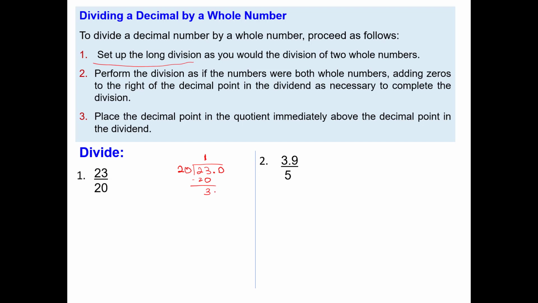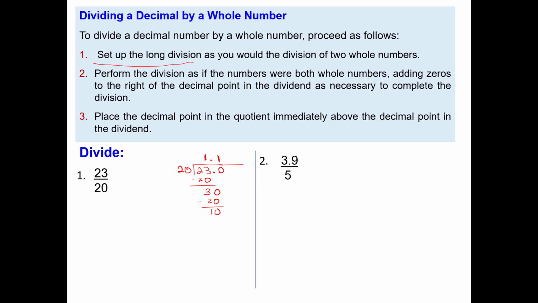Bring the 0 down, and it will be 30 here. How many 20s are in 30? I need to place 1 here. And 1 times 20 is 20.